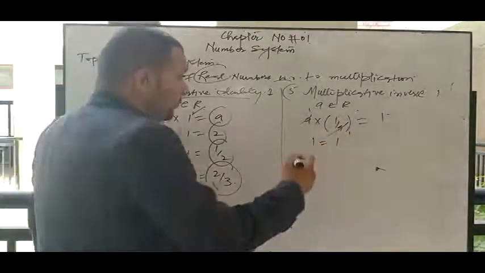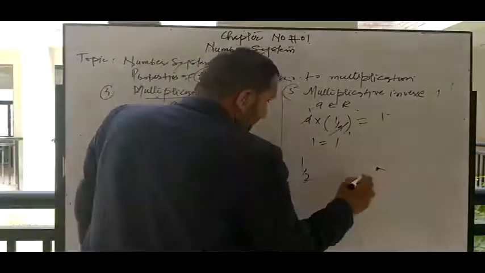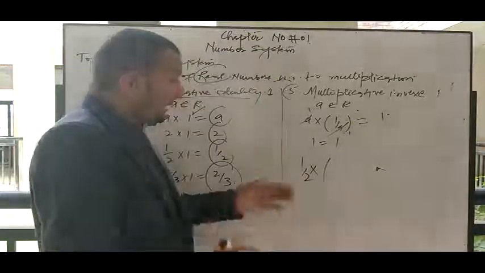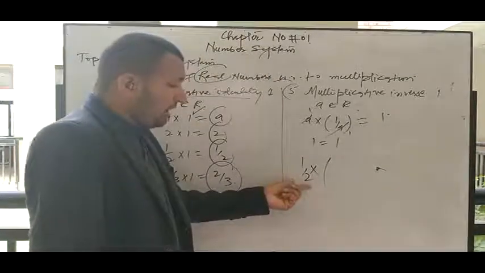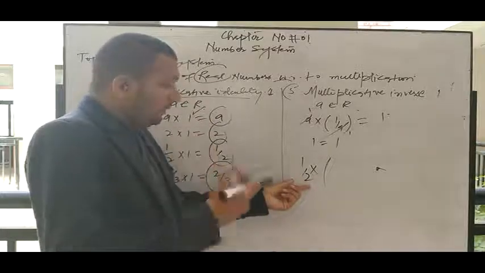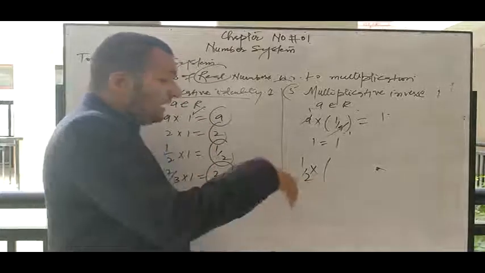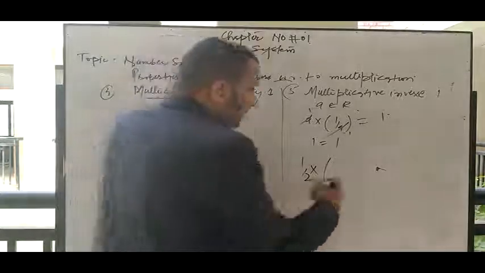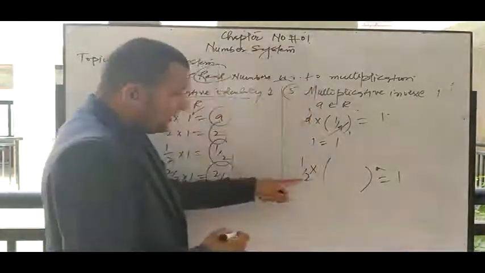Again we take the fractional part. Again we take the multiplicative inverse. The multiplication in this condition, the fractional part, the denominator of this value is 2. We take any values in this condition, because the answer is equal to 1. In this condition, in the fractional part the 2 is the denominator.